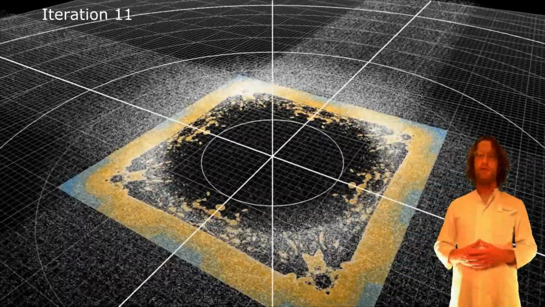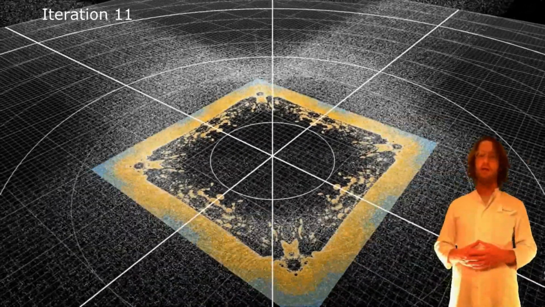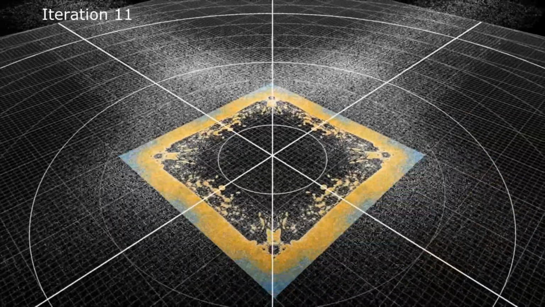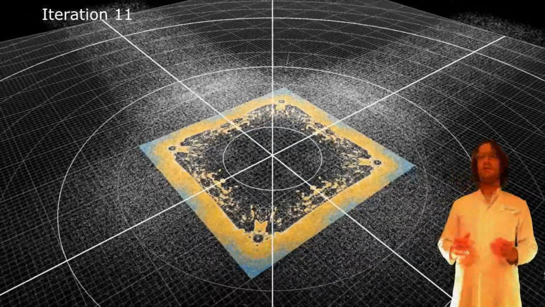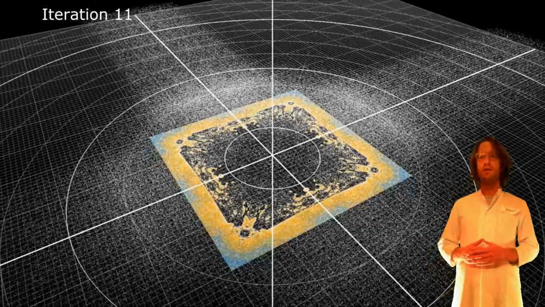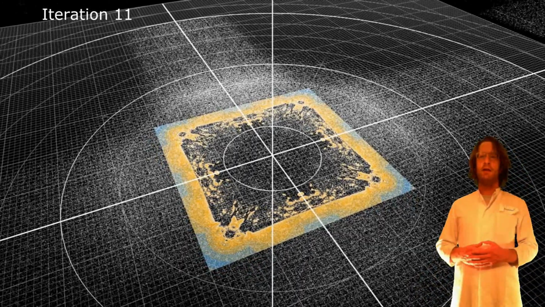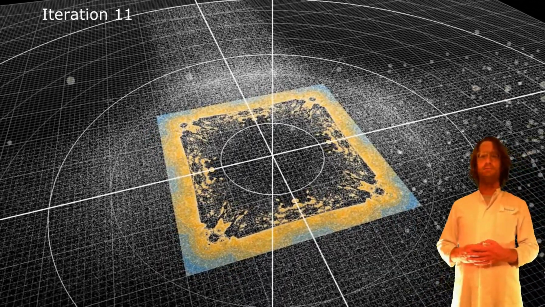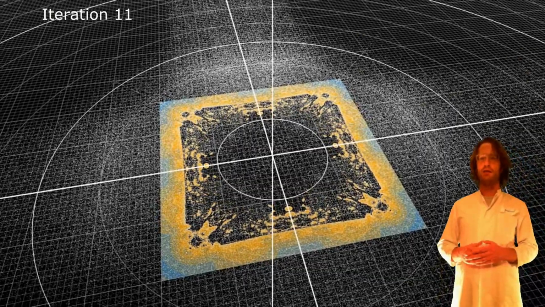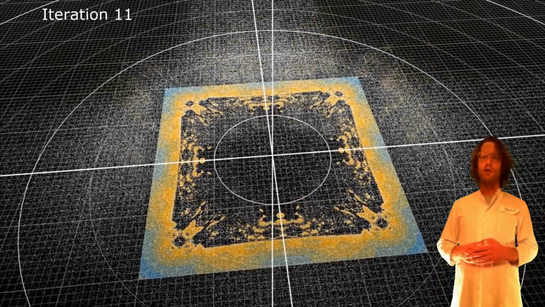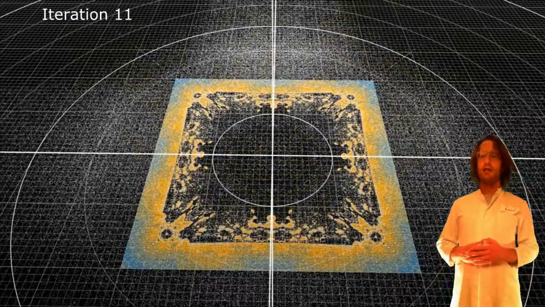The addition is performed, increasing the chaos. The bailout operation marks the points outside the bailout radius with the current iteration color. The color of the first iterations are different shades of blue, moving on to orange later on.